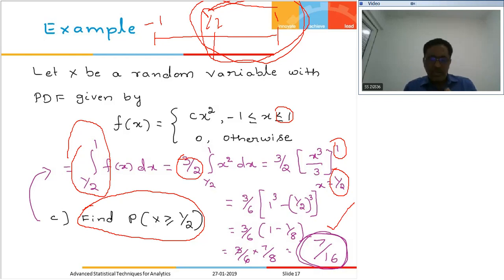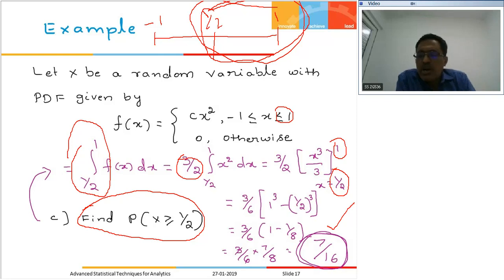Repeatedly, what we have been discussing is, whenever we find probabilities, you should validate whether it satisfies the rules we have with respect to probabilities. What are those rules? Probability always lies between 0 and 1.